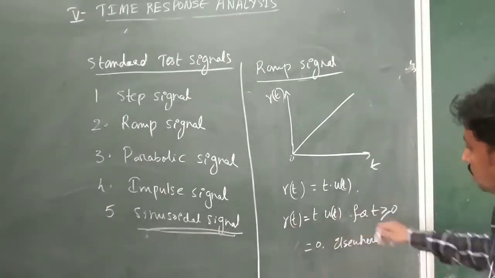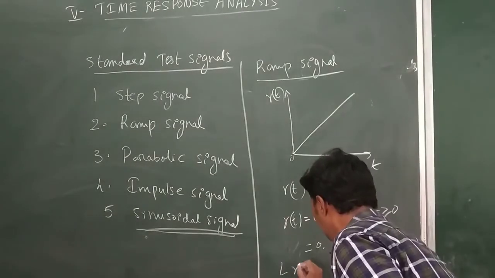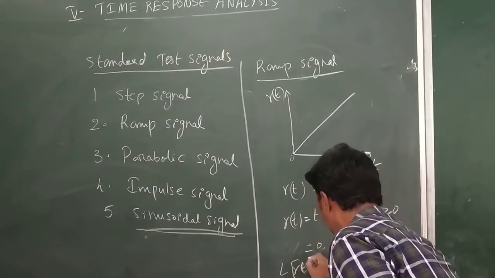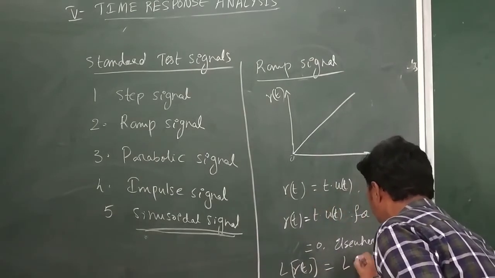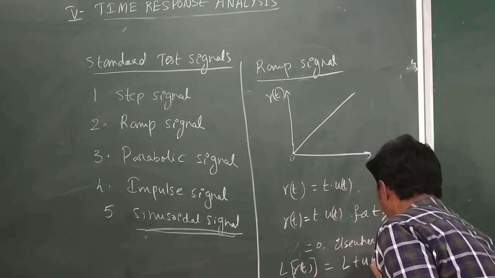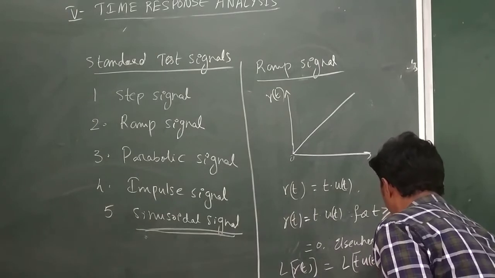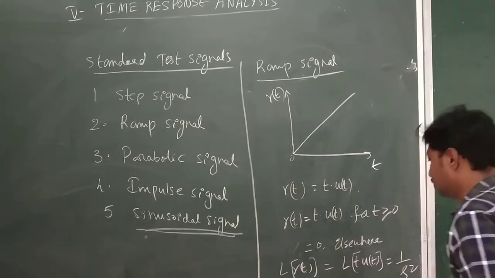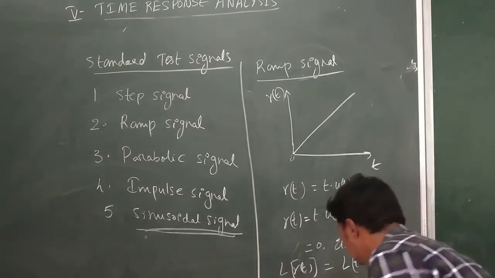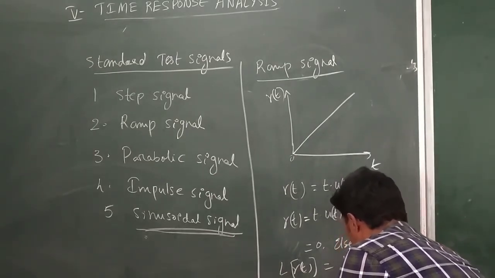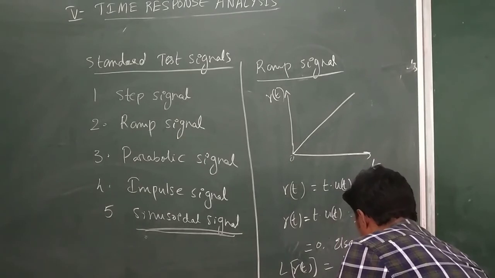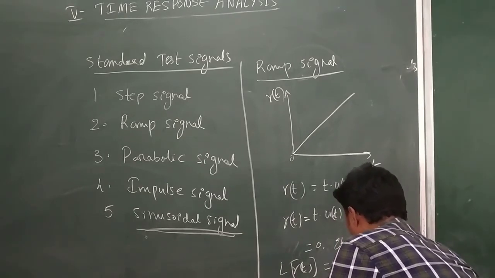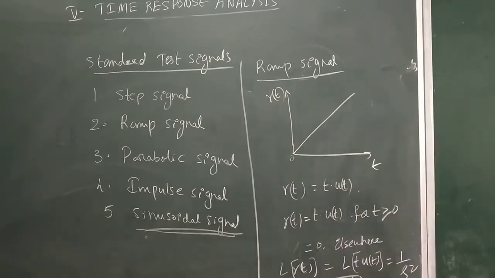When you apply the Laplace transform, the Laplace transform of t into U of t is 1 by s square. It means R of s is equal to 1 by s square. This is the ramp signal.